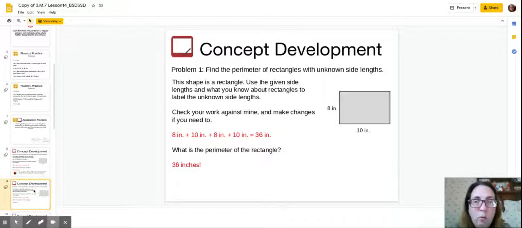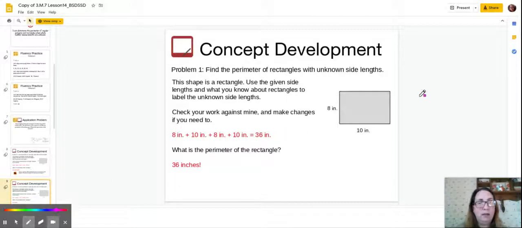So they want to know what is the perimeter of this rectangle. So this side is 8, which means that side is 8. And if this side is 10, then that side is 10.